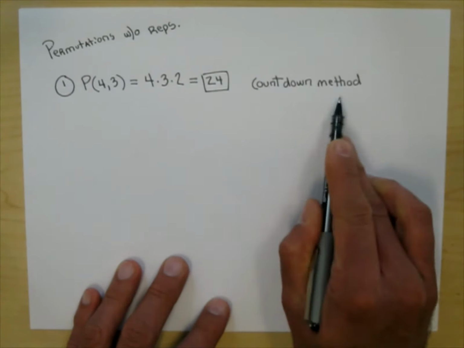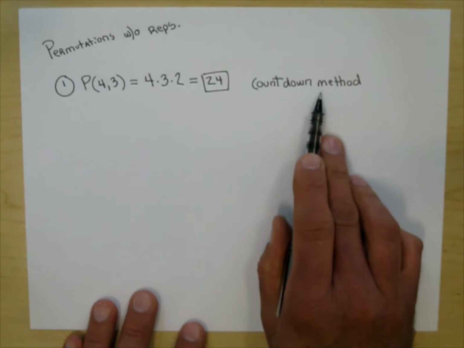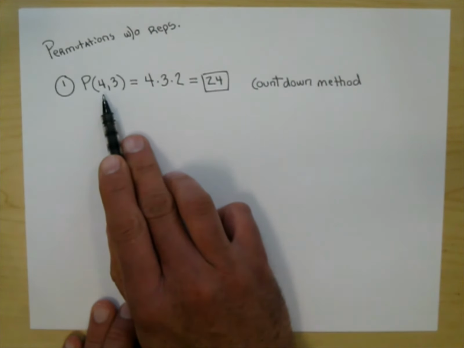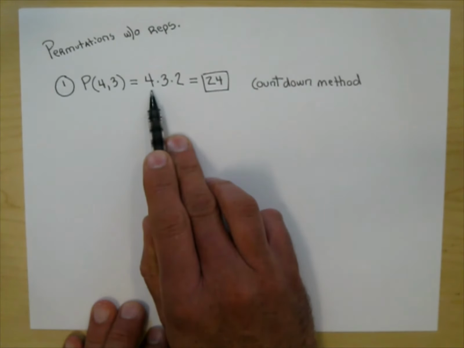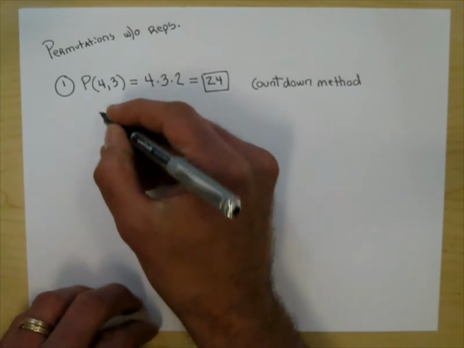Okay, so the countdown method says you're going to be doing a countdown in your head or writing it down. The countdown begins at 4. How many numbers are going to be in your countdown? 3 numbers.